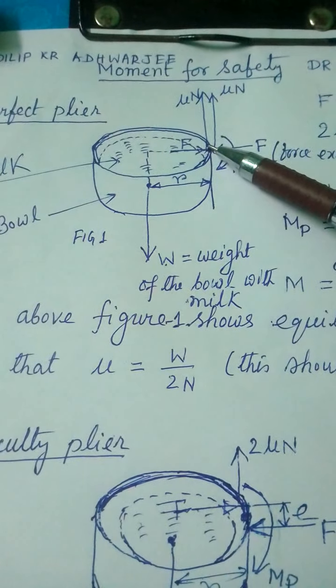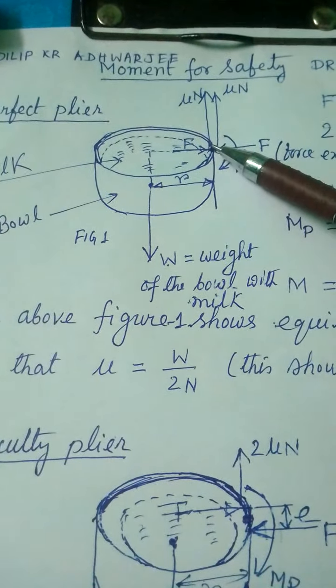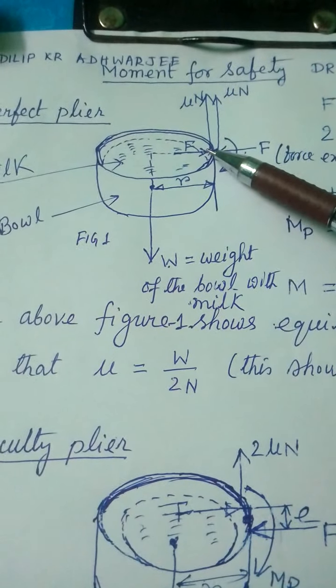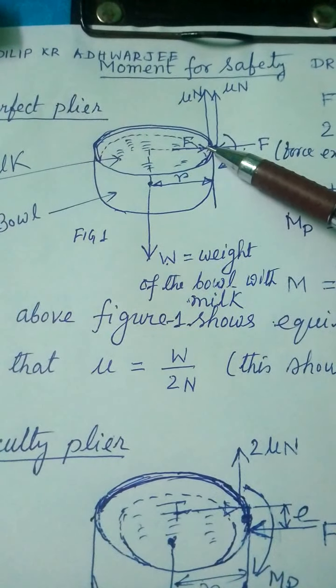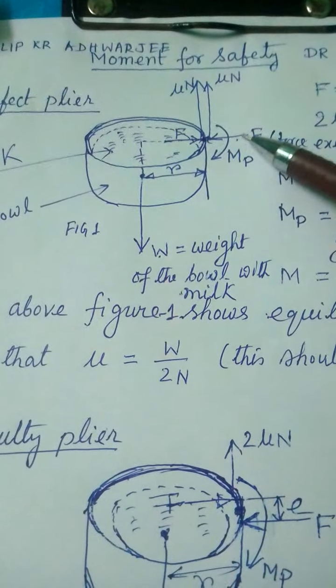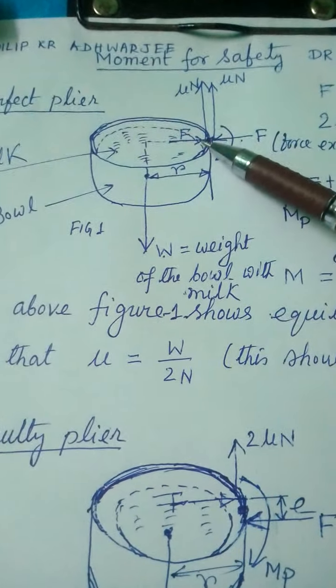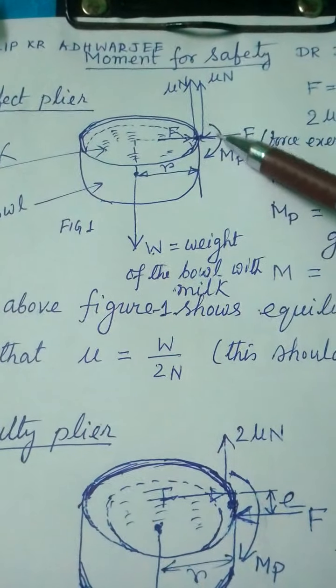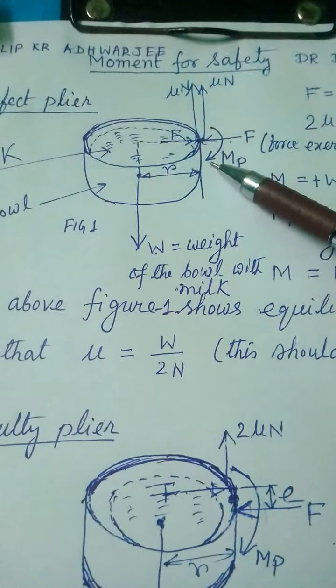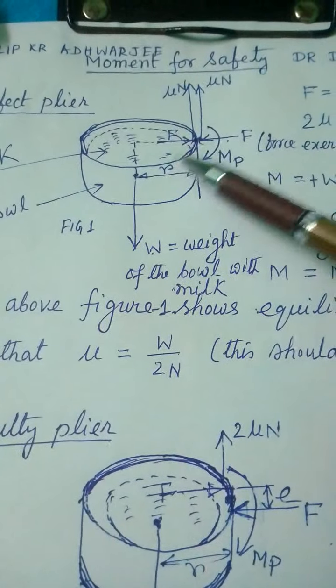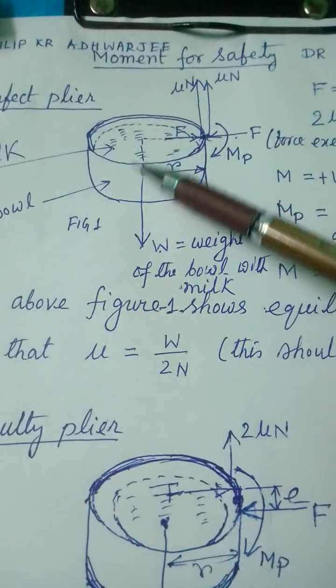The two sides of the plier, which is holding the bowl, will be in a line. This force F in this direction and F in this direction, and there is a moment given by your hand which will neutralize this moment.